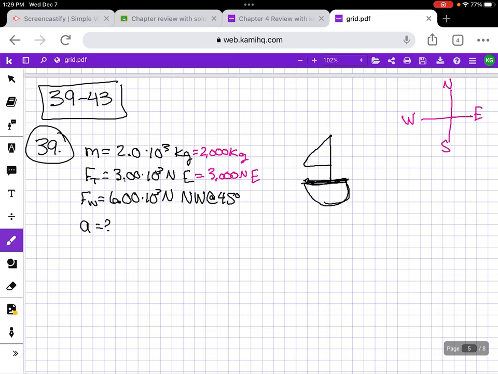East. So this is the force of the tide, 3,000 newtons. And then the force of the wind, 6,000 newtons, north of west, 45 degrees.